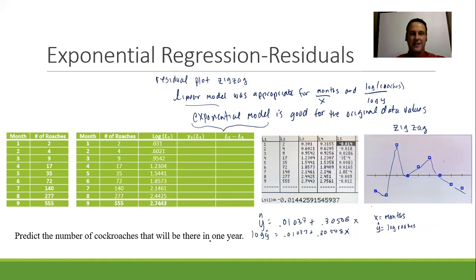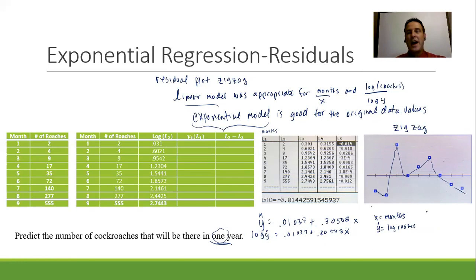Now it says in a year. Year, 1 year, ooh, should I put 1 in here? No, you're right, because it's not years I'm talking about. I'm talking about months. That's what all these x values were. So if I know that a year is the same as 12 months, then I would plug in 12.